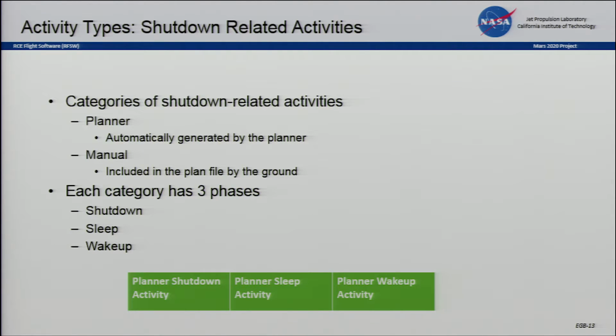So when we're actually sleeping, there's one set of resources consumed. During the actual shutdown, the various resources consumed would be different. Here we'd be gaining energy, here we'd be losing energy. Similarly, as we're waking up, we're going to model the energy and data volume that it takes to actually wake up, come out of the sleep. So that's how we break it up as far as those activities.